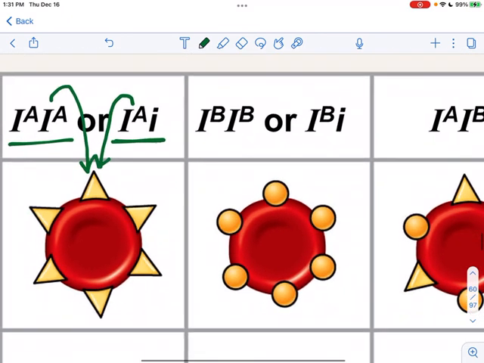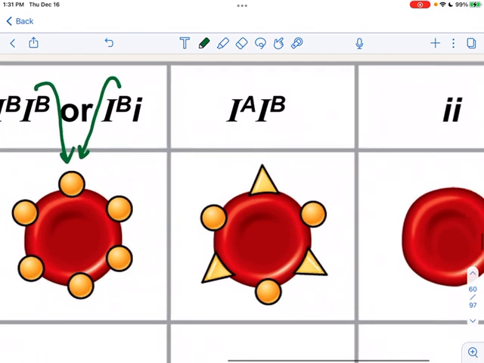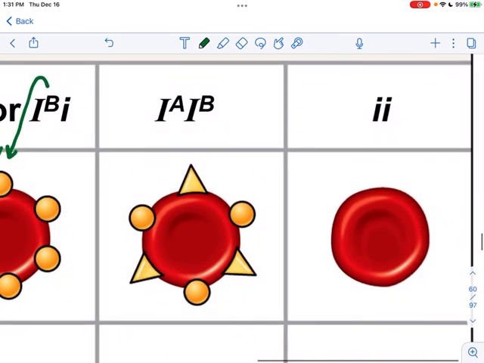Same thing if you are homozygous IB or heterozygous IB. If you have that IB allele, then you form the type B antigen. So individuals who are blood type AB become blood type AB because they have both of these alleles. They have the IA, which forms the A antigen, and the IB, which forms the B antigen.